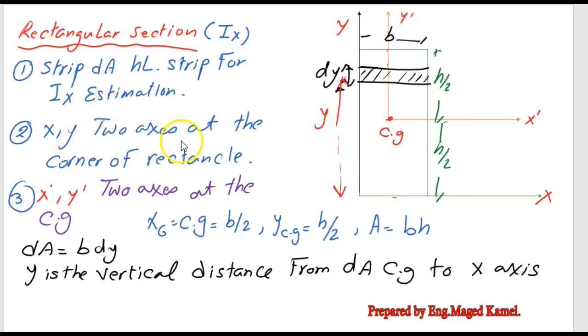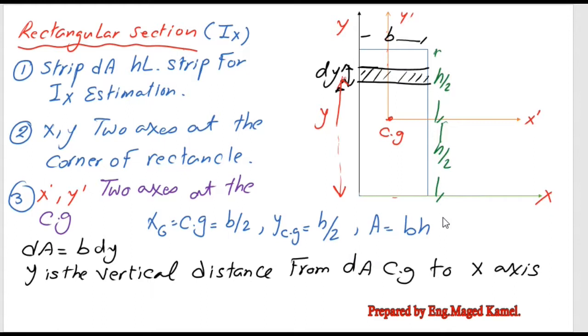X and y are two axes at the corner of the rectangle, while x dash, y dash are two axes at the CG. The x distance from the CG, as we said before, is b over 2, while the yCG is equal to h over 2, while the area is equal to b multiplied by h.